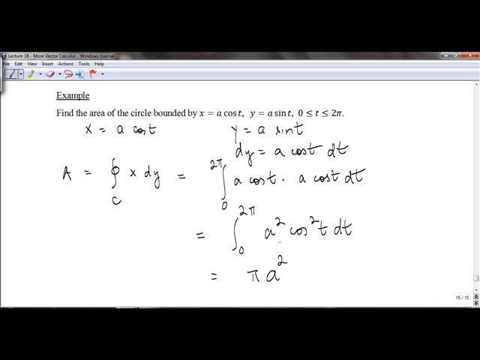Do you know why? Look at these two equations, x equals a cosine t, y equals a sine t. That defines what? A circle of radius a. So the area is pi a squared. Any questions? We're done.